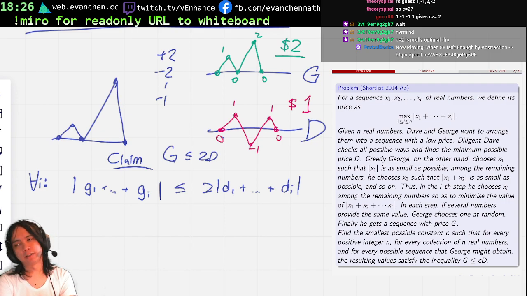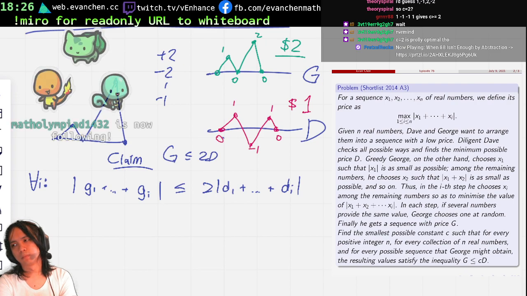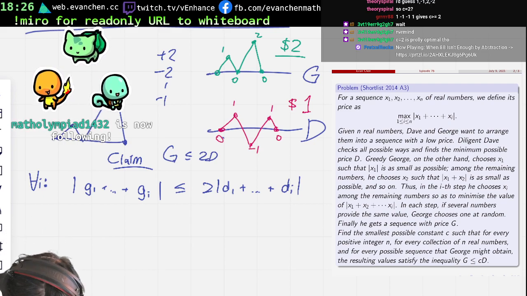So, this greedy algorithm. Nah, this is probably too strong. What if I just say for all i there exists j?